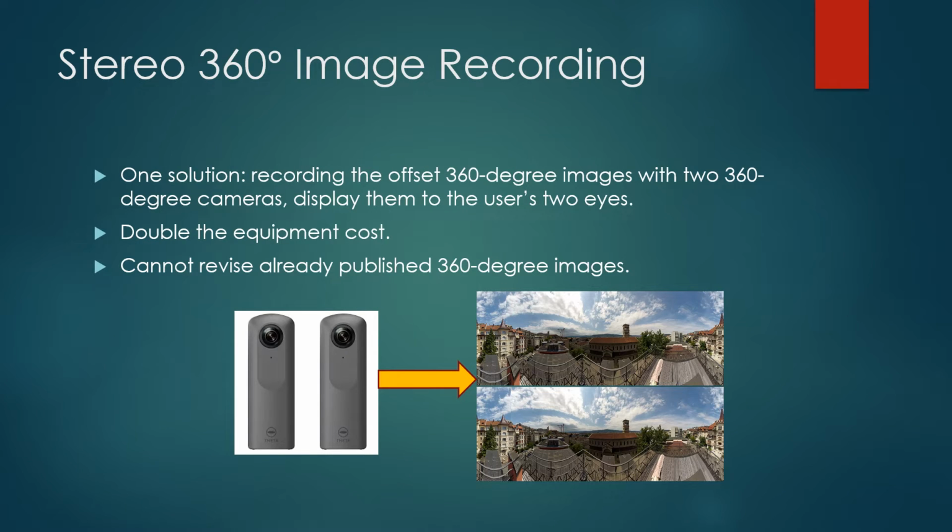Here are some solutions for this limitation. One way is to stop the monocular 360-degree image recording and start stereo 360-degree image recording from now on. Specifically, instead of using one panoramic camera to record the image, we start using two panoramic cameras placed aside each other and start recording the image at the same time.